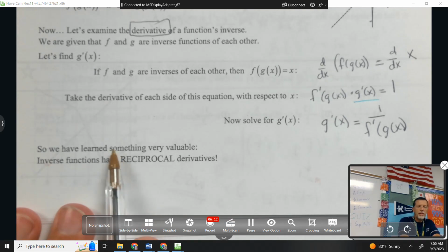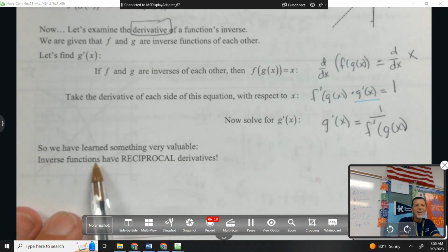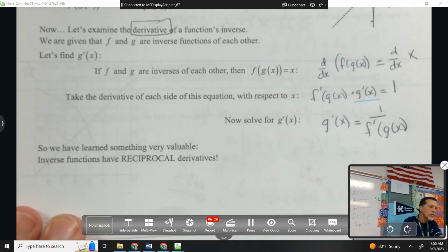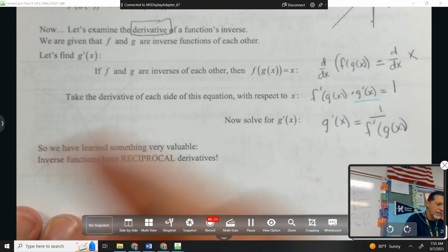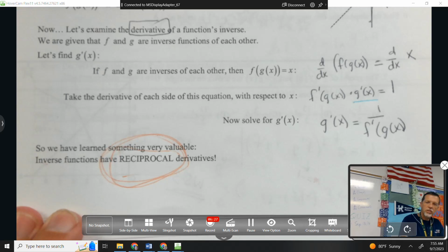Okay, you may not appreciate this statement yet. We have learned something very valuable. Like, yeah, it doesn't feel very valuable right now to me. But inverse functions have reciprocal derivatives. Reciprocal, 1 over derivatives.